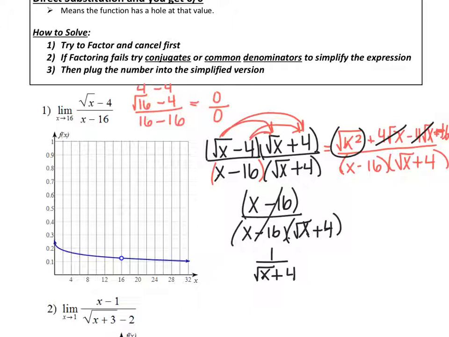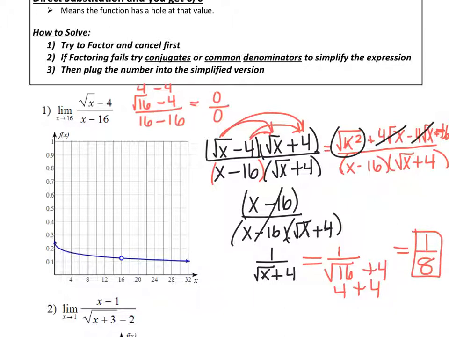So now we can go ahead and plug our 16 back into the equation. So we have 1 over the square root of 16 plus 4, and the square root of 16 is 4, so 4 plus 4 is 8. So the limit is 1 over 8.